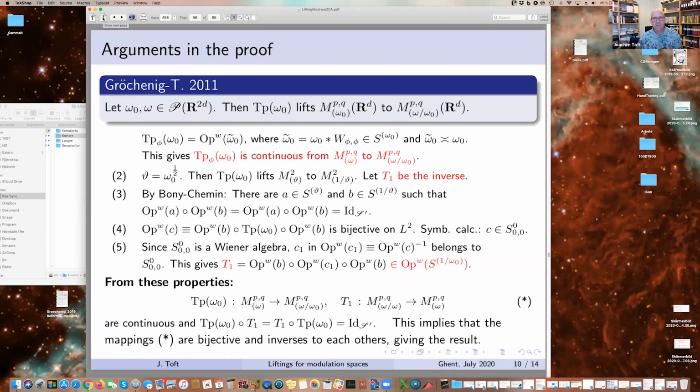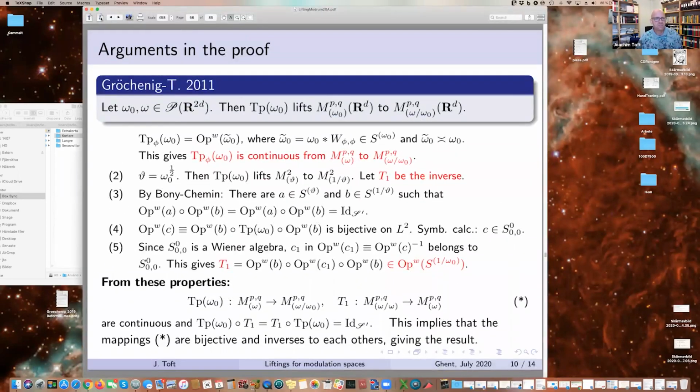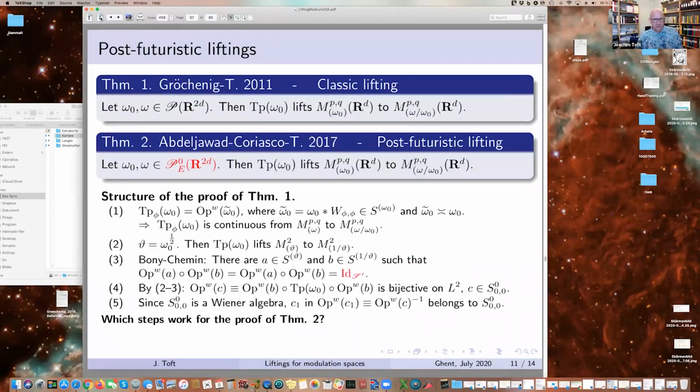Okay. Now, if we look at our recent result, we ask which steps here still work in this theorem too.